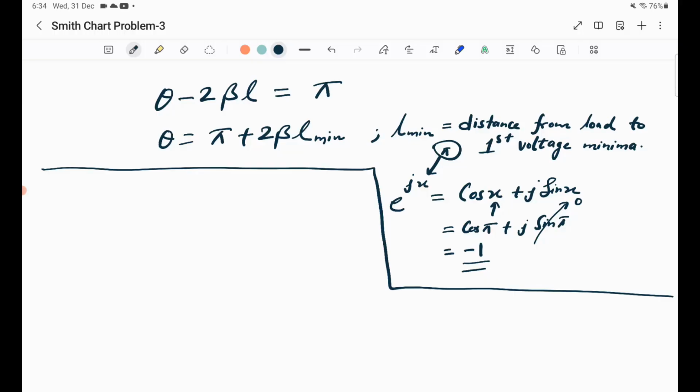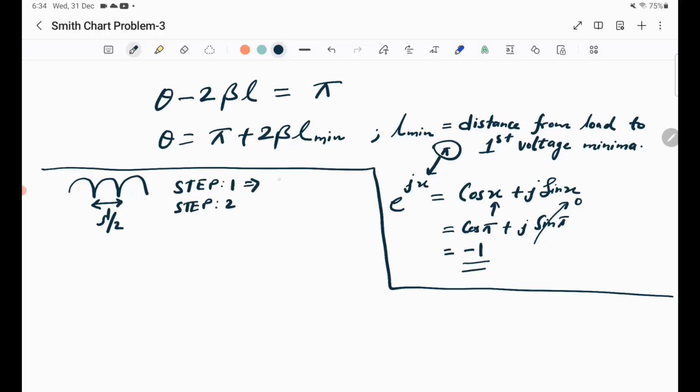Now we need to first find the value of lambda. So we know that the distance between two voltage minima is given by lambda by 2. So in the question, in step number 1 as well as in step number 2, the value of voltage minima are given.